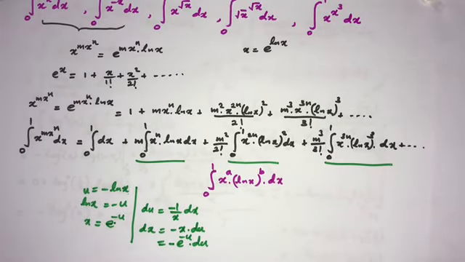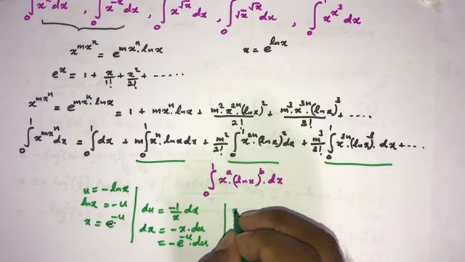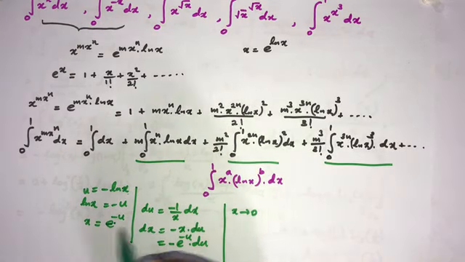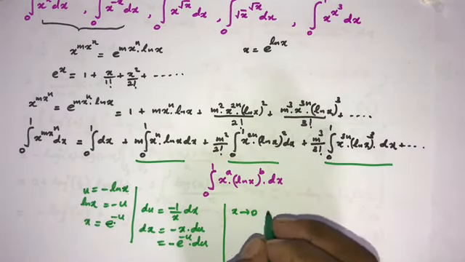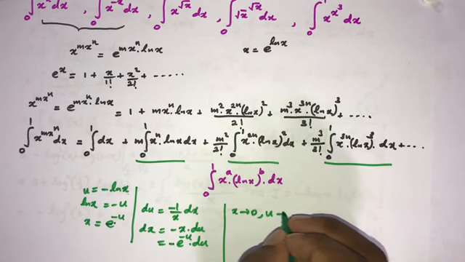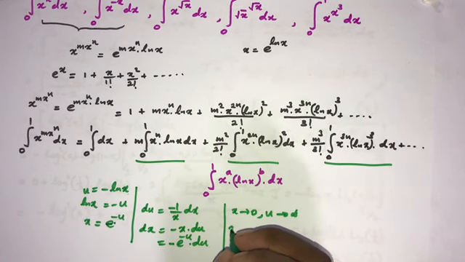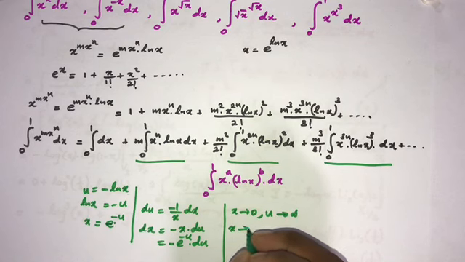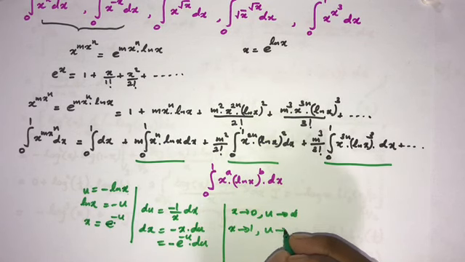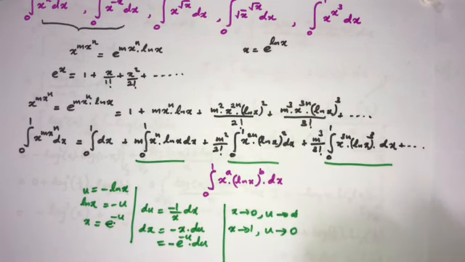Now if x approaches 0, u approaches infinity. When x approaches 1, the upper limit, u approaches 0.